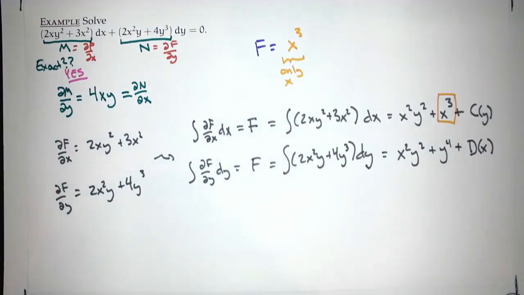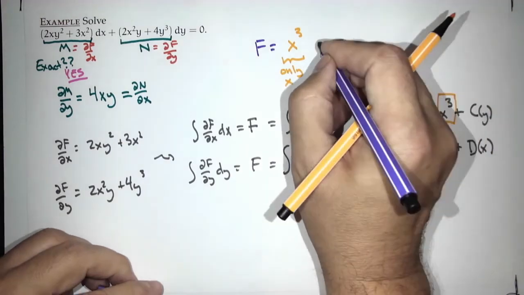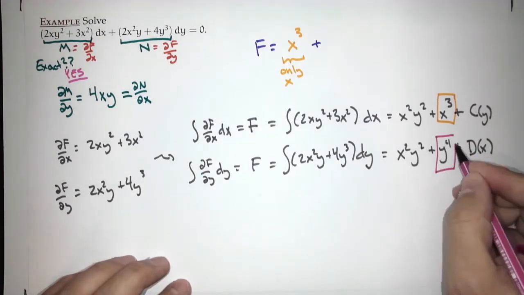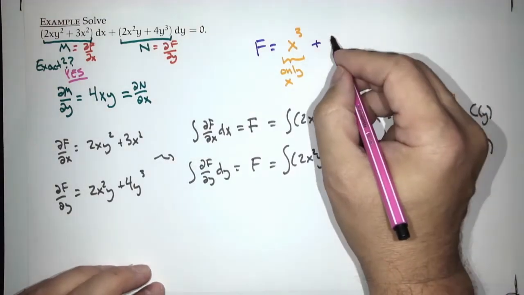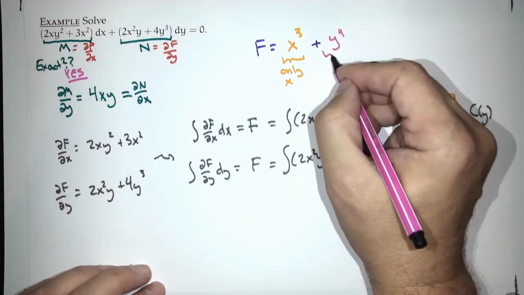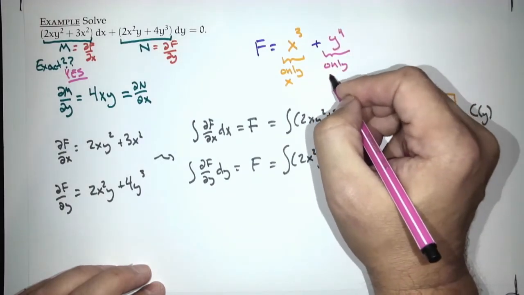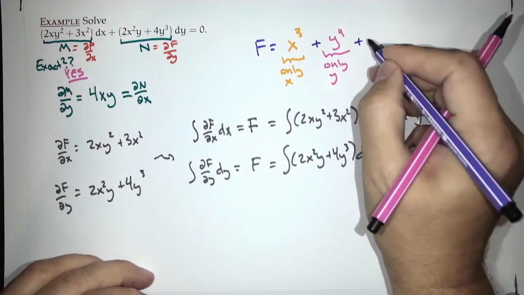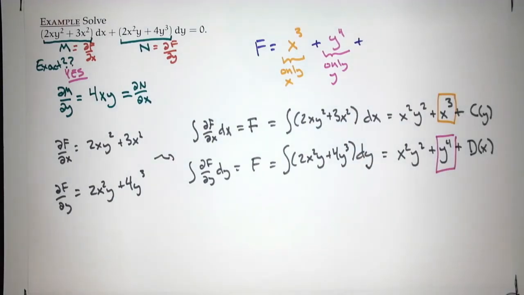Those always have to be included. Plus, now you do the same thing with y. Is there anything with only y? y to the fourth. And that has to be included. And then one more thing is you have to check both x and y.